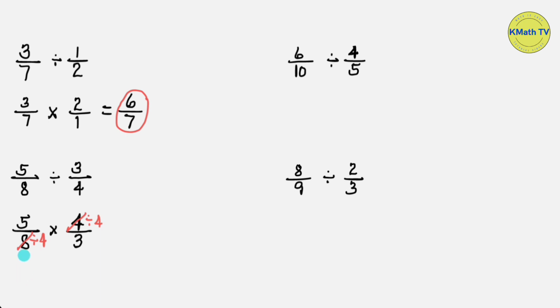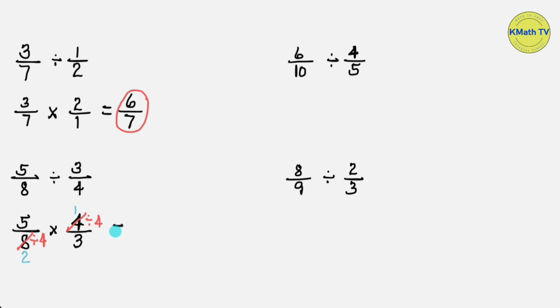Then divide. 8 divided by 4 equals 2. 4 divided by 4 equals 1. Okay. Now, the numerator 5 and the denominator 3 cannot be cancelled because they don't have GCF. They are both prime numbers.